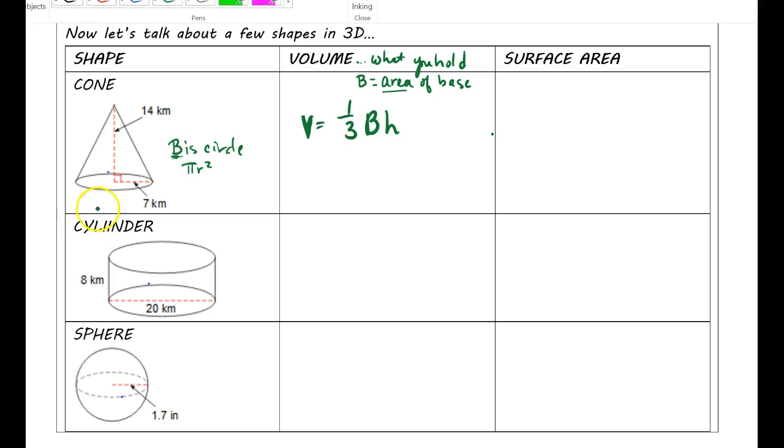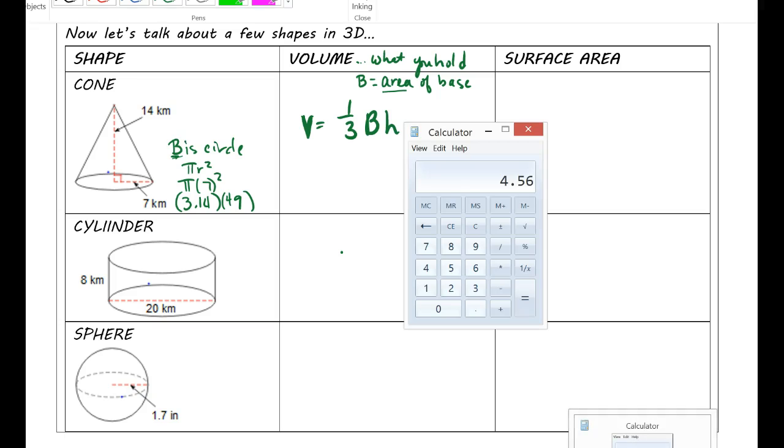So what is the r in the picture? Well, look at that circle on the bottom. The r is 7, so it's just pi times 7 squared. Remember, pi is 3.14. And then what's 7 squared? Well, that's 7 times 7, or 49. So I'm going to take my calculator and type in those numbers. 3.14 times 49.